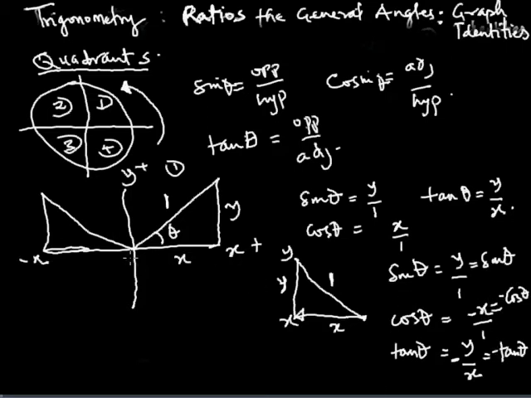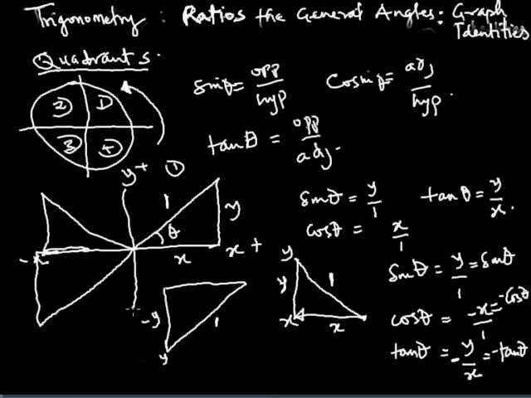Now if you go to the next quadrant, which is drawn like this, this is still 1, and you have a minus y, because this is the y-axis on the minus side, and minus x.